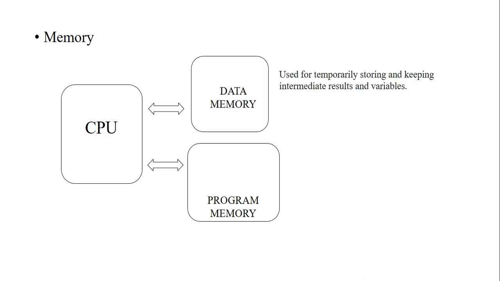If I want to store the result of that addition, I can use data memory. Program memory is used for permanently saving the program being executed. For example, opcodes are generally stored in program memory, which is already given by the manufacturer.